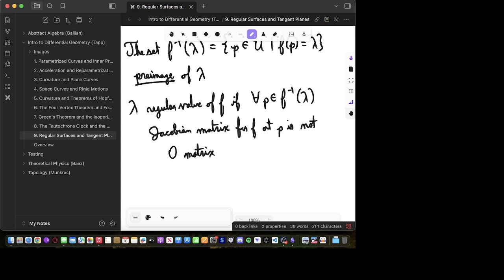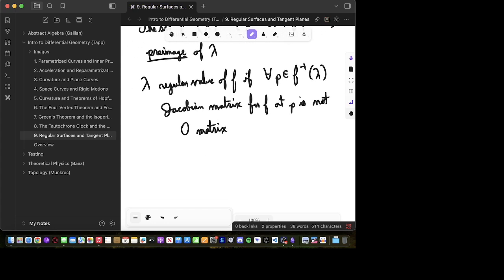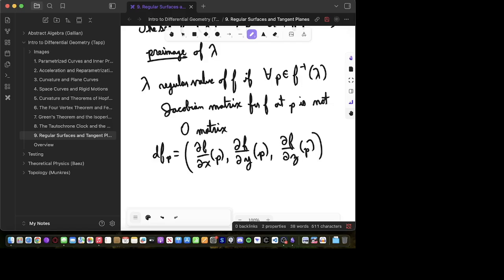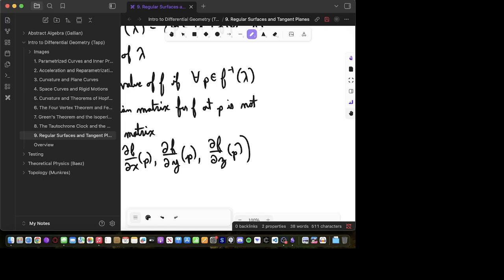So in other words, the partial derivative of f with respect to x at p, with respect to y at p, and with respect to z, they cannot all be 0.